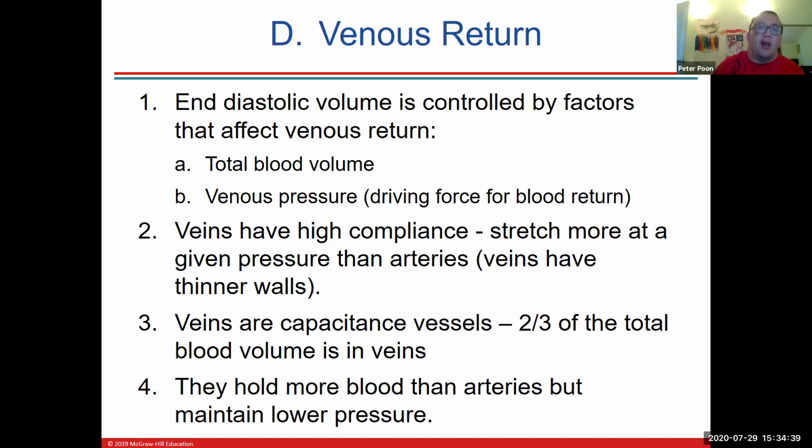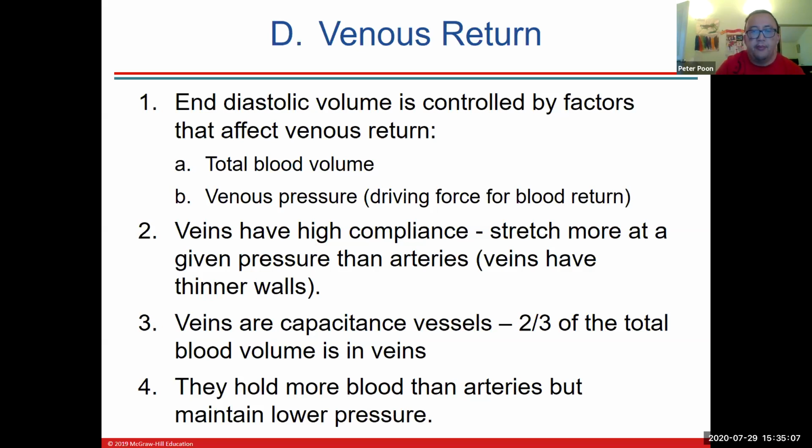The end diastolic volume is controlled by two factors, the total blood volume and the venous pressure. How much pressure there is in the veins tells you how fast the ventricle is filling. Veins have high compliance, which means they stretch more so they can accommodate more fluid.